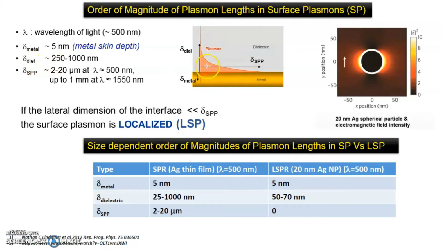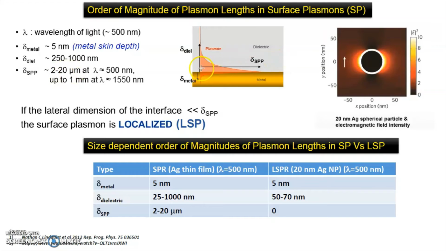In dielectric media, just above the metal, the electric field is present in the range of 250 to 1000 nanometer. And the third one, delta SPP, lies in the range of 2 to 20 micrometer.